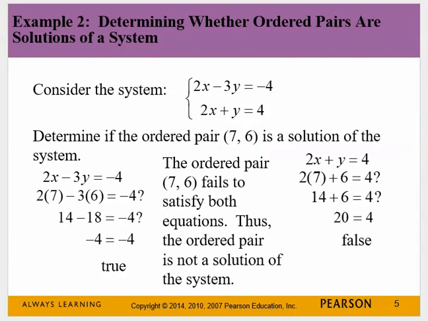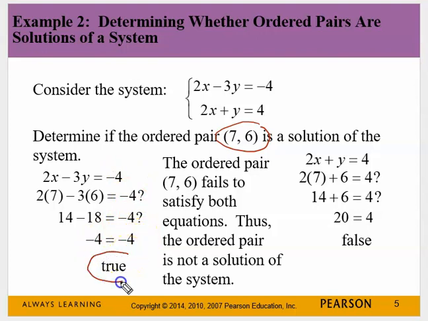Now in example 2, we're going to do a similar thing in which we're wondering, is this ordered pair a solution for this same system of equations? Well, when you replace the x with a 7 here, the y with a 6, we get 14 minus 18 is a negative 4. And does it equal negative 4?